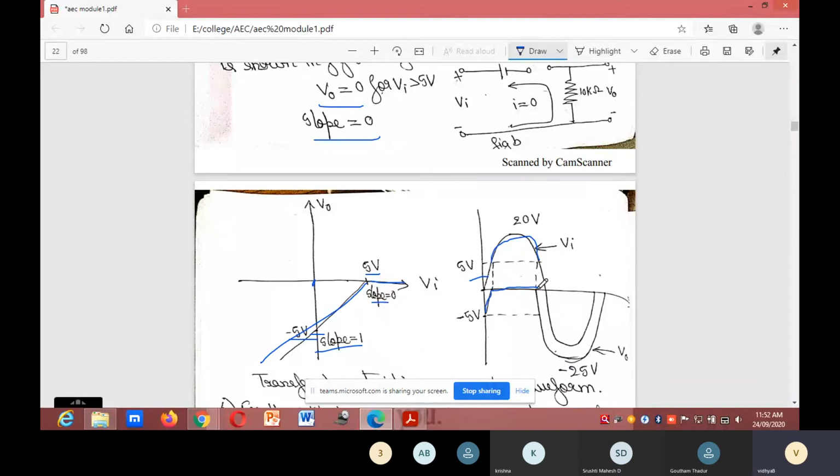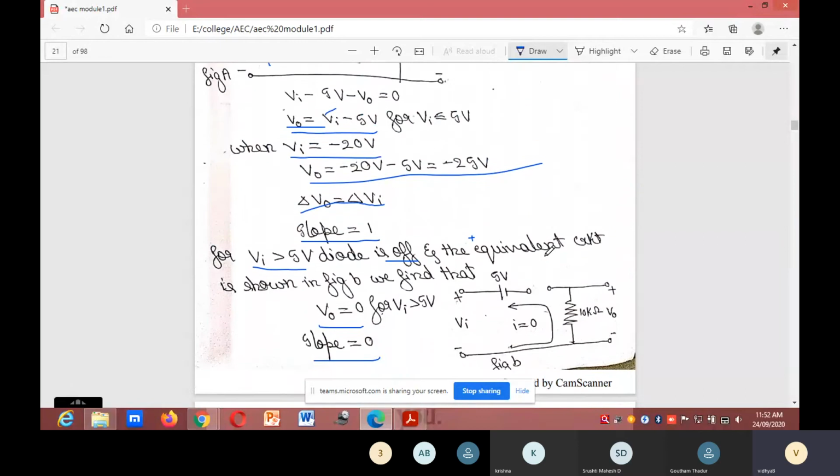Again the same here, this is for the positive cycle. When it is less than 5, the output is equal to the input. For the negative cycle, what did we get?